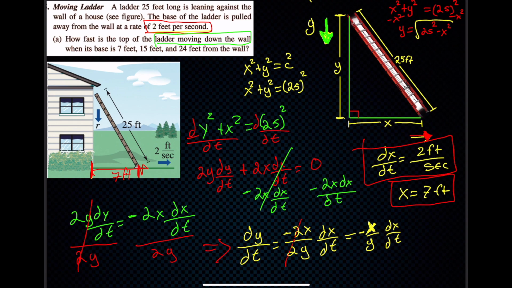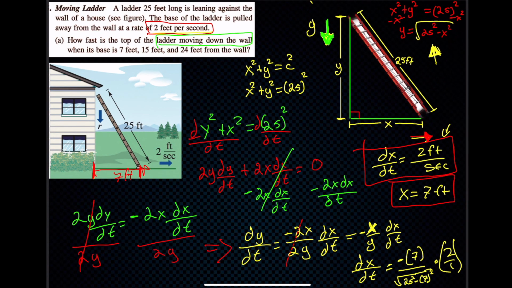Therefore, dy/dt is equal to negative the value of x, which is 7, over y, which is the square root of 25 squared minus 7 squared, times 2, which is the 2 feet per second. And that's our final solution.